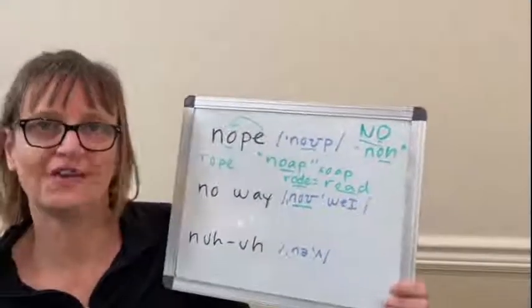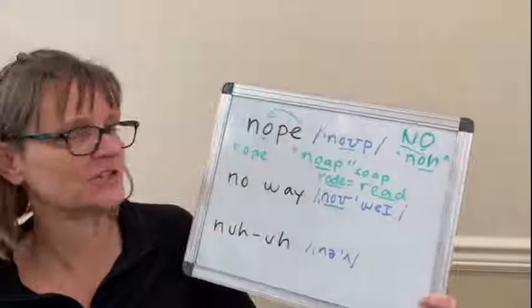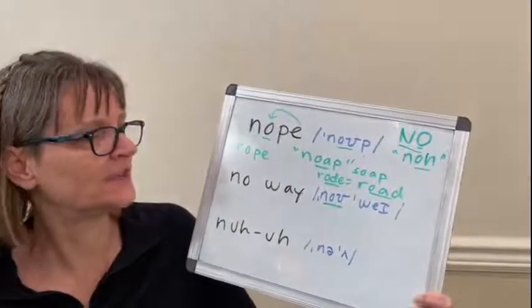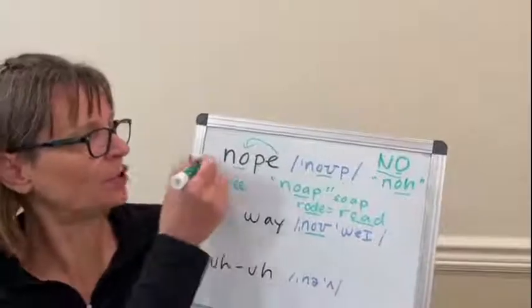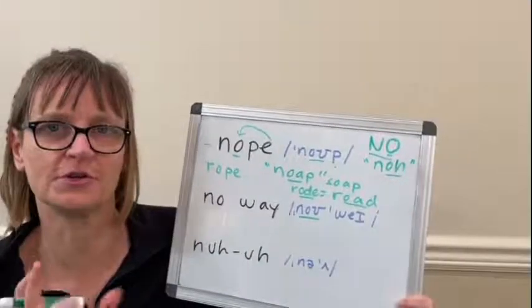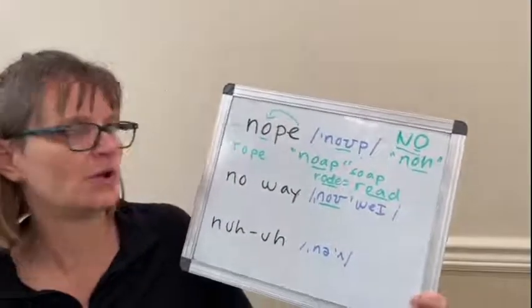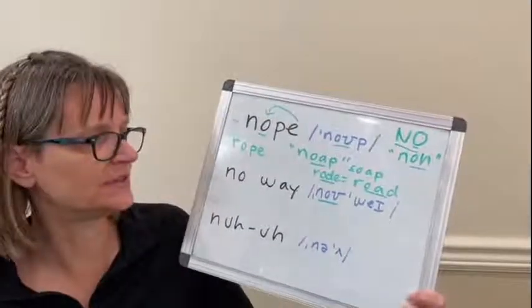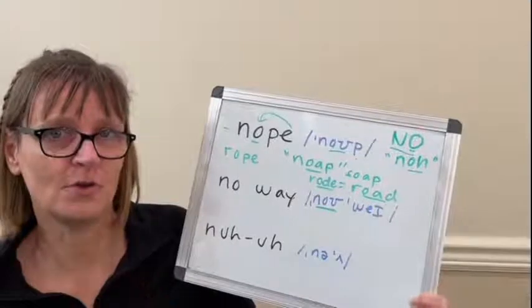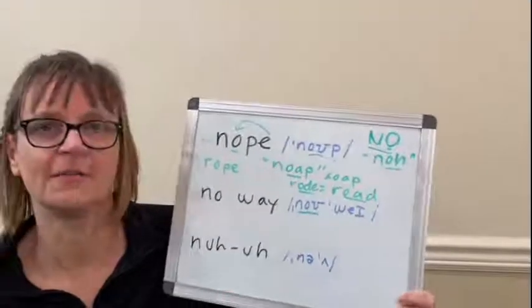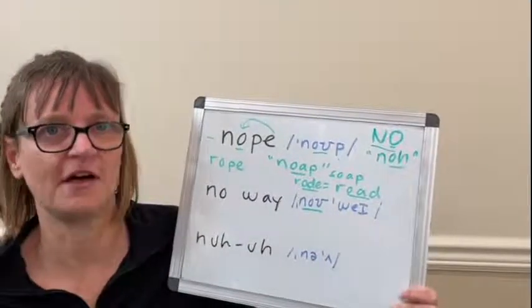Besides no and nope, another way we say no in English is to say no way. This is a little more emphatic, like absolutely not, no way. Nope is a little more casual or can be humorous. No way is more emphatic, like absolutely not. There's no way I'm going to do that. Or can you loan me $5,000?